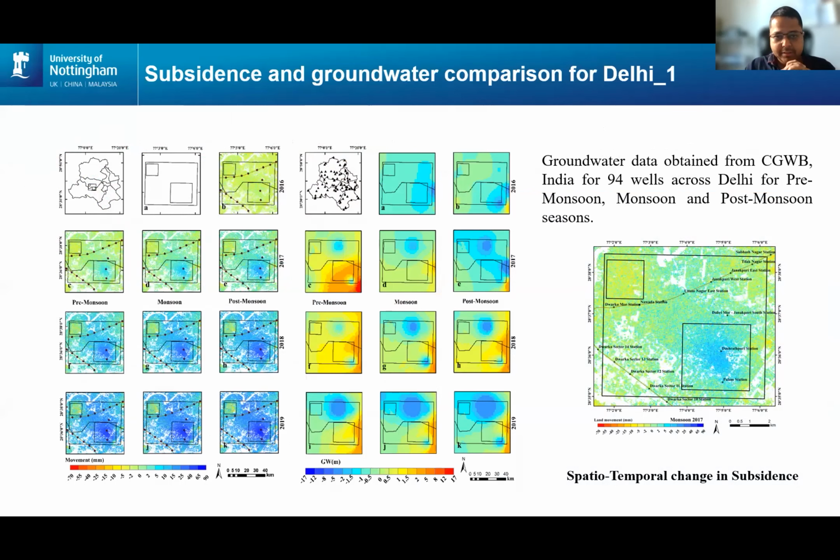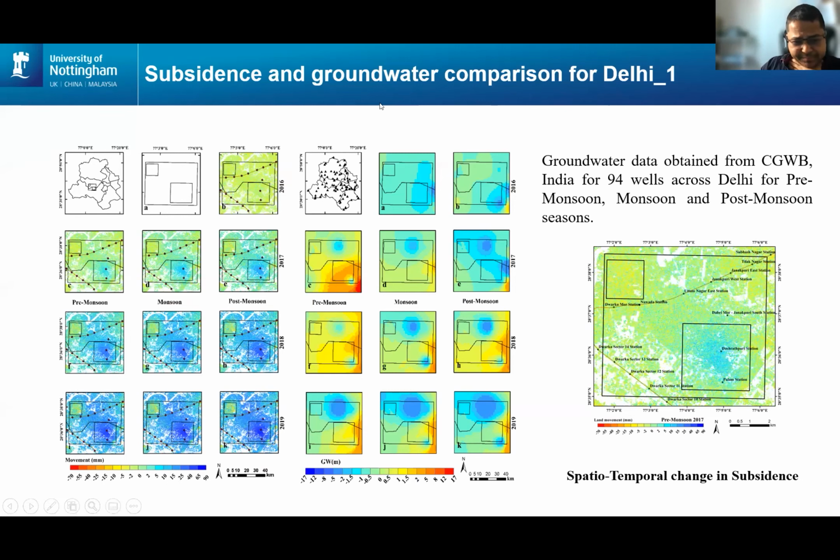So the first map which we have seen was for Delhi. This is a comparison where we try to see how groundwater before monsoon, monsoon and post monsoon in India can affect this, because monsoon, rainfall, is a major critical parameter for the recharge of groundwater.